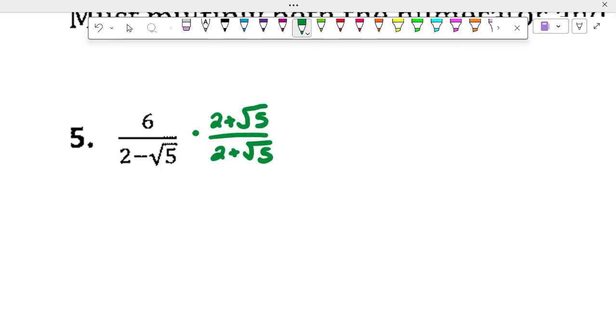So let's work through this. I don't really need to do a box method because all I need to know is that these two would square and these two would square. All right, you just got to remember to make sure the negative's there. So what's 2 times 2? 4. Negative square root 5 times square root 5. Negative 5.